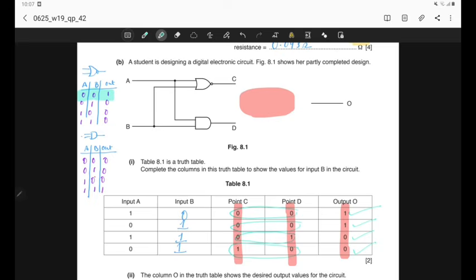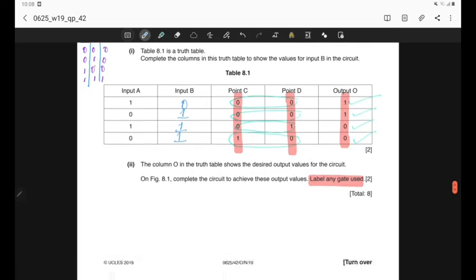When 1, 0 or 0, 1, we will get output 0. So in order to get an output as given at O, we can simply fix a NOR gate because it's doing the function of a NOR gate. So you should keep a NOR gate between here. So that's it.